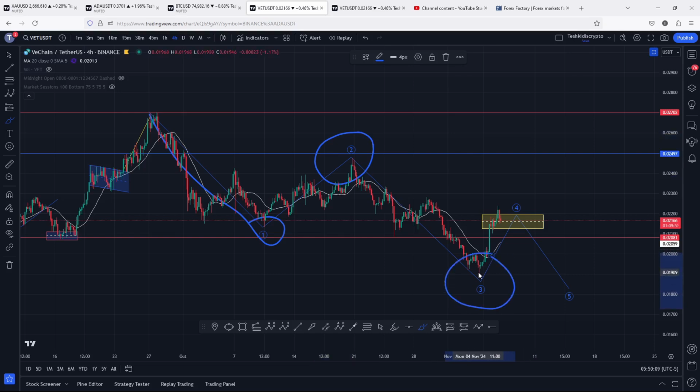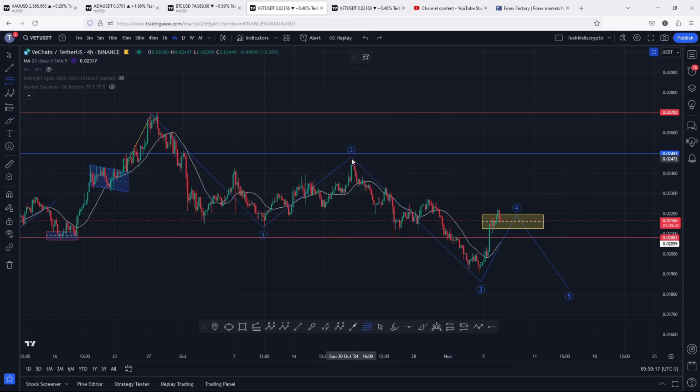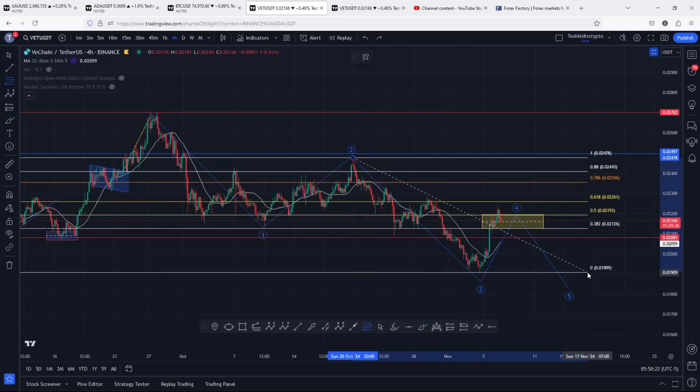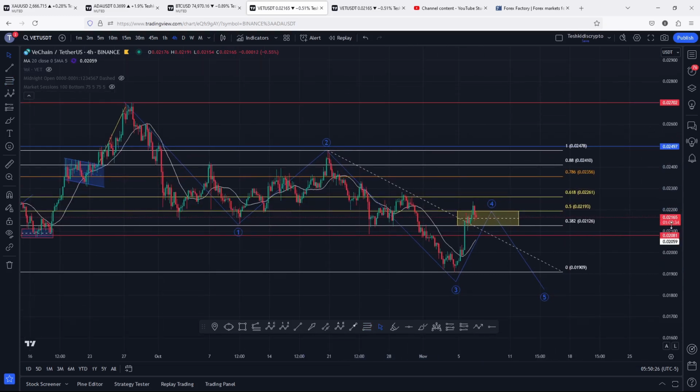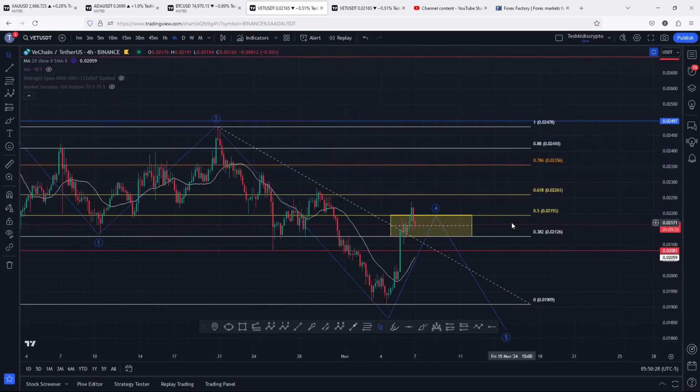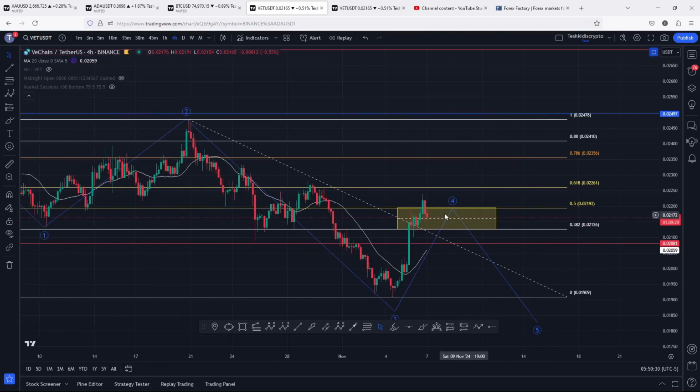And after getting the low for that Elliott wave count 3, we started a bit of a short-term bounce in a wave 4, whose minimum target areas I gave you by connecting the fibs from the high of this wave 2 to the low of that wave 3, giving me a minimum target area between the fib level 0.5 and the fib level 0.382, which is an area that we have now fully maximized, and you can see that we are now getting rejected within that target area.